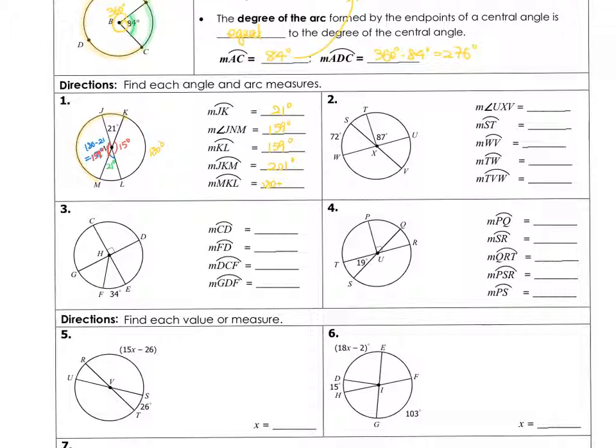Then from K to L, this part is 159 degrees. So you add that, and you should have 339 degrees. Okay? So that's the calculation here.